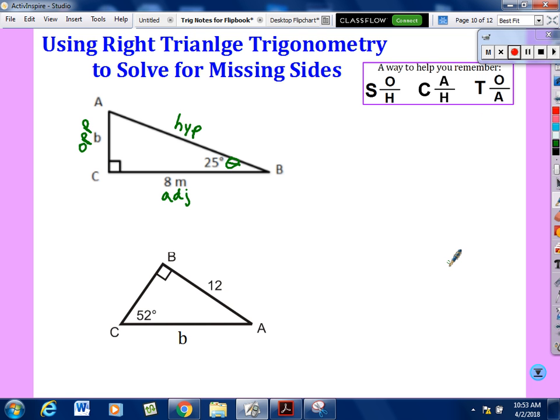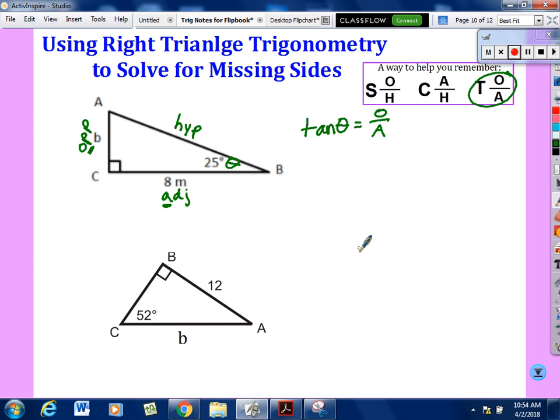So looking at this problem, I have the adjacent side and I want to find the opposite side. So you pick the trig function that uses the O and the A together. That is tangent, O over A. So I write the trig equation, which the general trig equation looks like this: tangent of your angle equals opposite over adjacent.